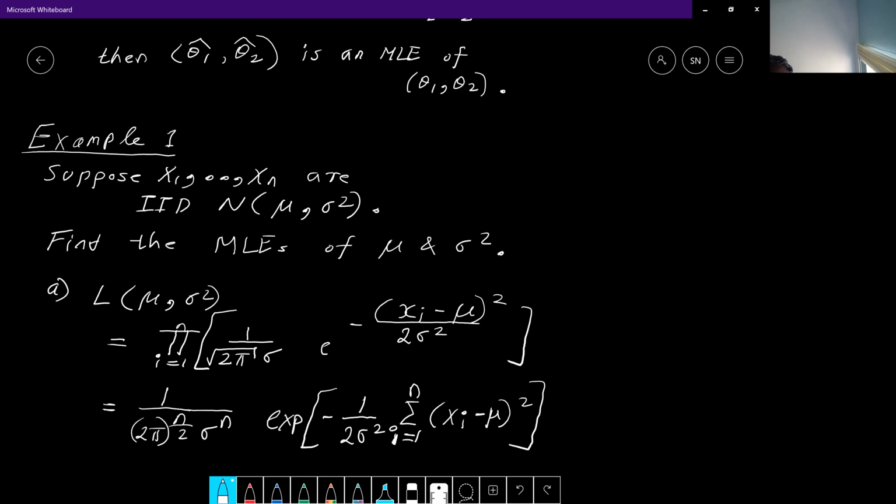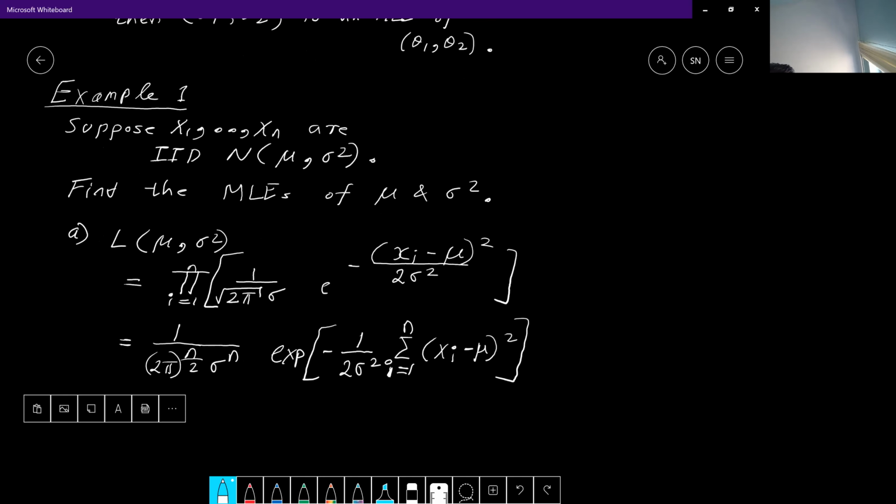And the next step is to take the log of the likelihood function. So that's what I'm going to do now.